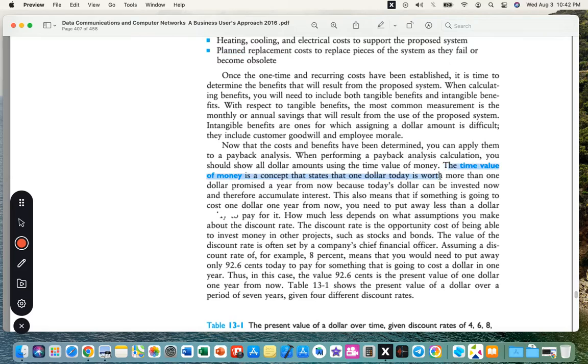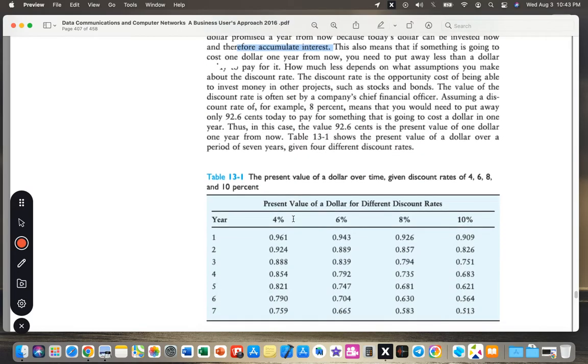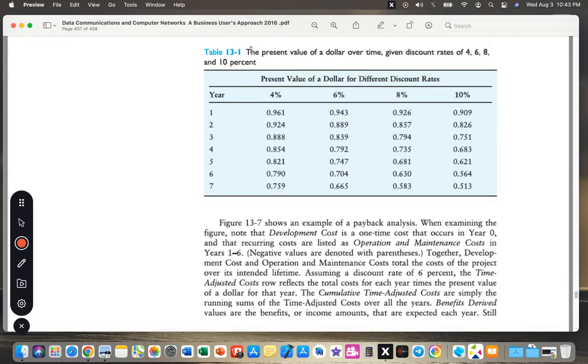The time value of money is a concept that states that $1 today is worth more than $1 promised a year from now, because today's dollar can be invested now and therefore accumulate. The present value of a dollar over time, given discount rates of 4, 6, 8, 10%.